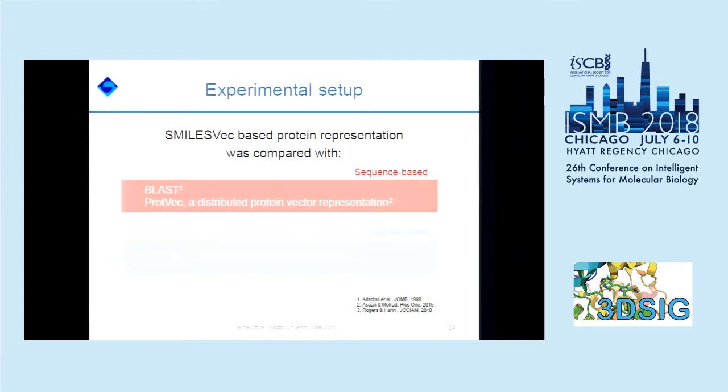And ProtVec is another approach. It also uses the same distributed word representation method, word2vec, but it uses protein sequences. The second category is also a ligand-based approach to proteins, but instead of SMILES-vec, we now use a fingerprint-based approach, the extended connectivity fingerprint model.